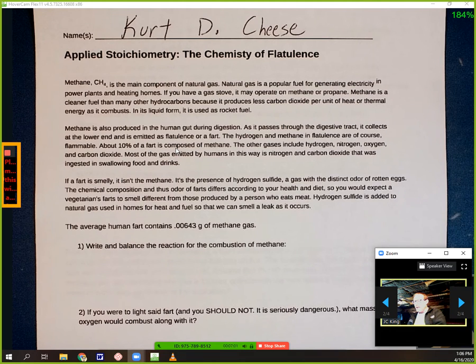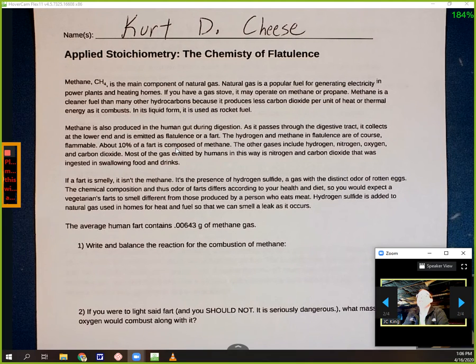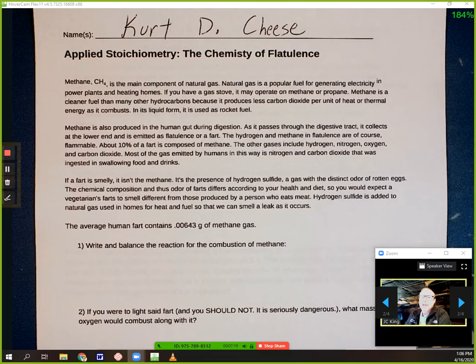Methane. You already know methane, CH4, is the main component of natural gas. Natural gas is a popular fuel for generating electricity in power plants and heating homes. It's also used for your gas stove if you have one of those. It's used for your water heater. It is very clean burning.